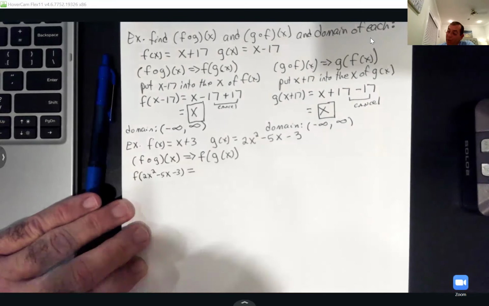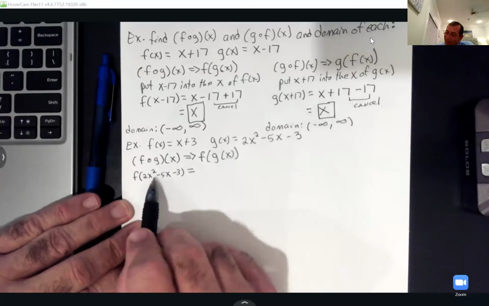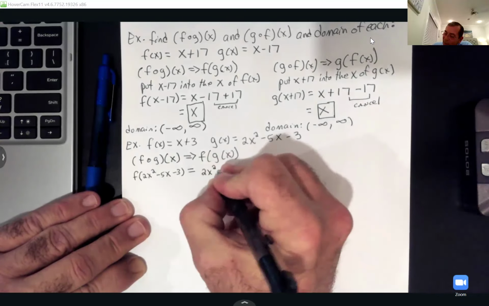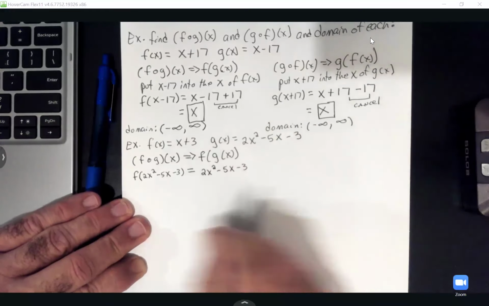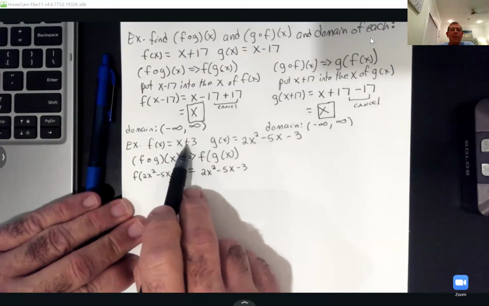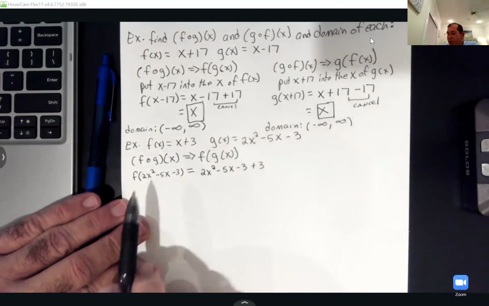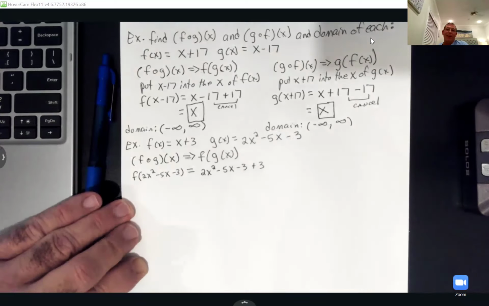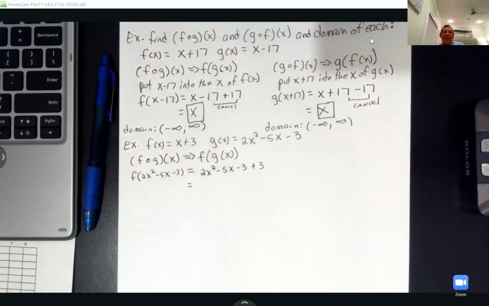Here's the x, and we're putting in 2x squared minus 5x minus 3. Then at the end, we have a plus 3. So it still looks like f of x: a big x plus my 3. Now simplify that, and what do you get?